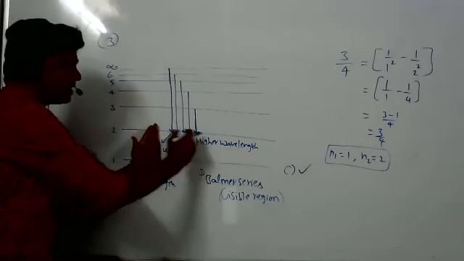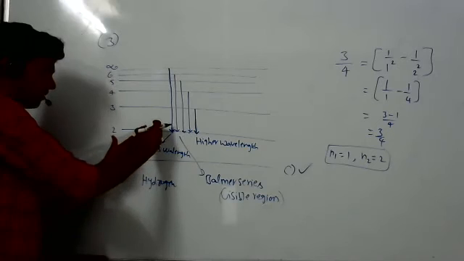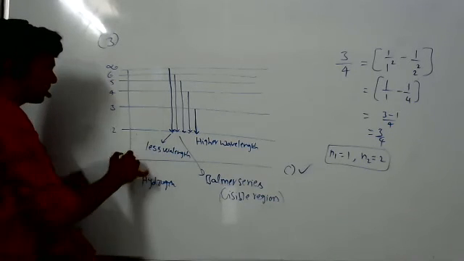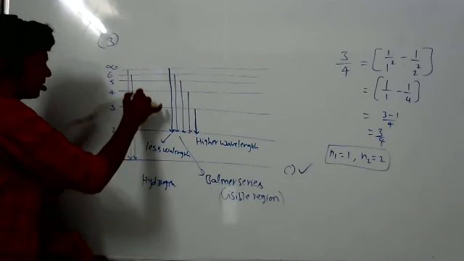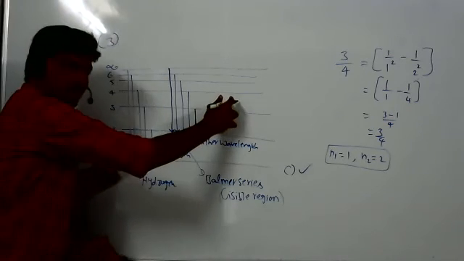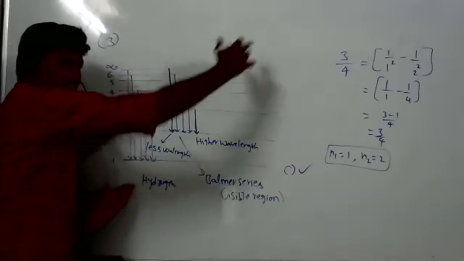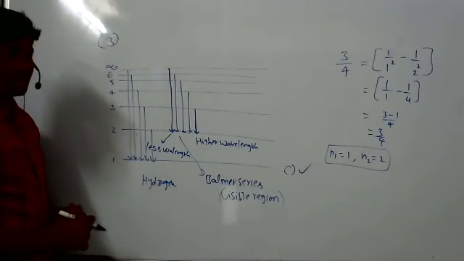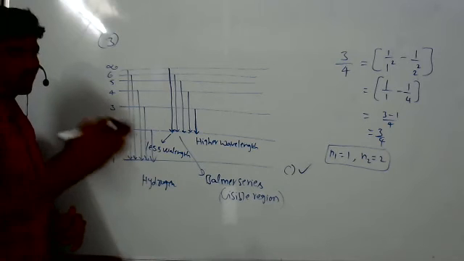So from left to right, wavelength is increasing. Even here also, if you compare the lines obtained in Lyman series with Balmer series and Balmer series with Paschen series, wavelength is increasing because energy gap decreases. So in the given options, which option wavelength is progressively increasing?